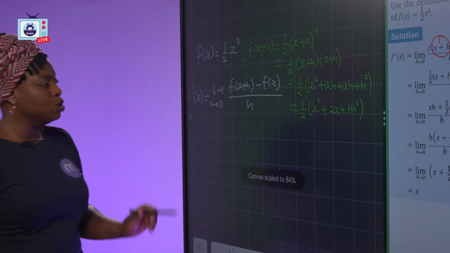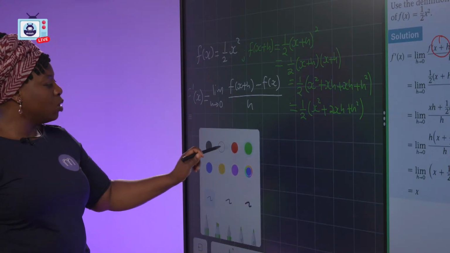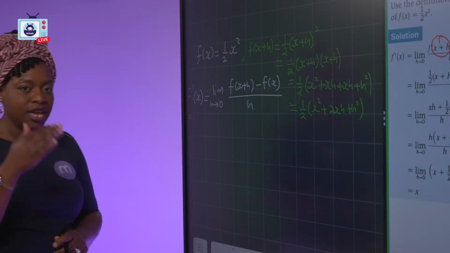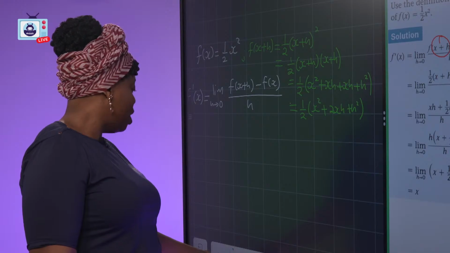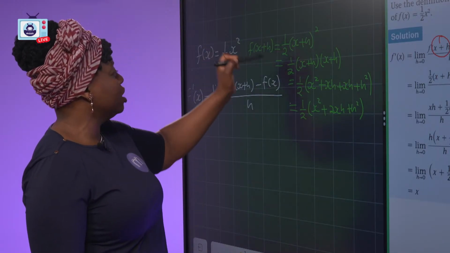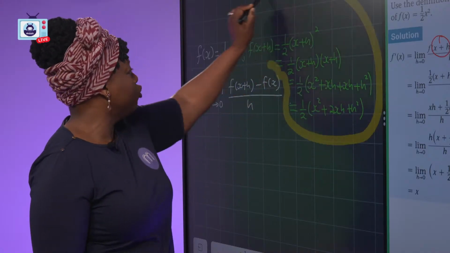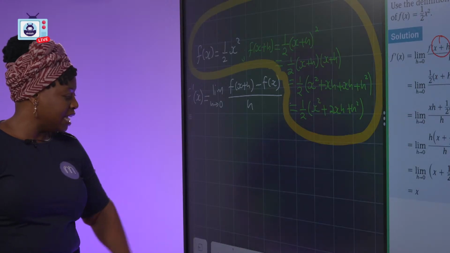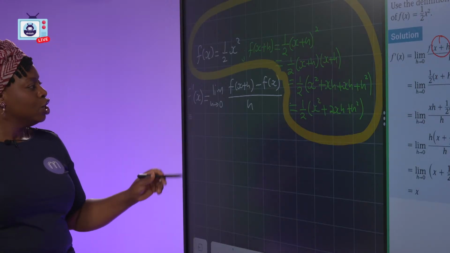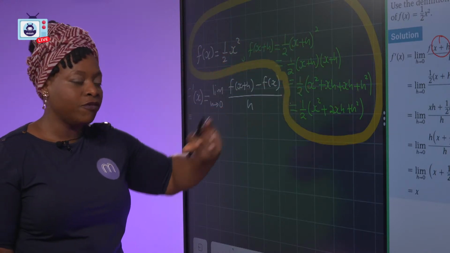So every time you see it like that, try to work on the side, and then you come back to your equation and fill it in. If you write it on the side, you can put a small highlighter, or you can just say, this is what I need to know, or this is what I have to use. So this is your umbrella of what you are going to put into the formula, right? So you already have the f of x. You now have calculated your f of x plus h.